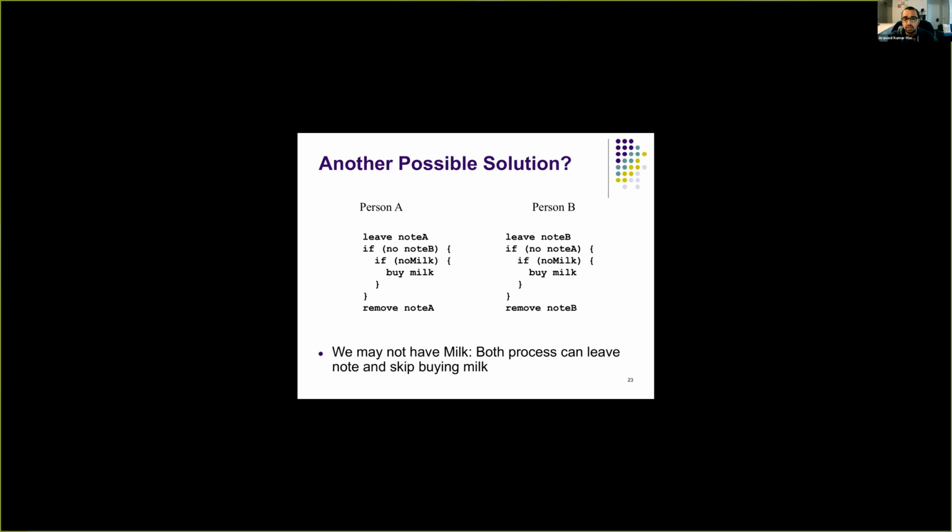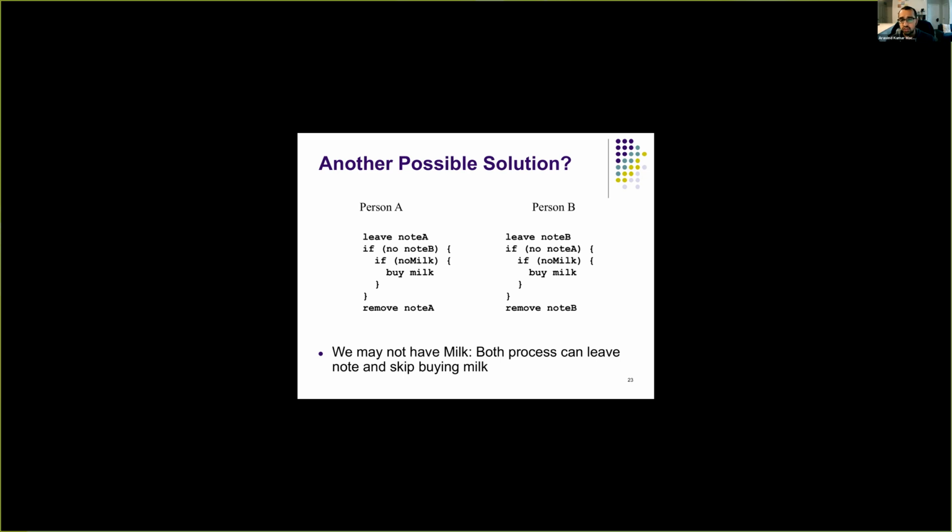Basically, imagine two processes, process A and process B, come in and execute such that the instructions are interleaved one at a time. By that I mean, let's say process A comes, it leaves note A, and let's say it gets scheduled out, and process B comes in, and then process B also leaves note B. Now let's say process A gets scheduled again.